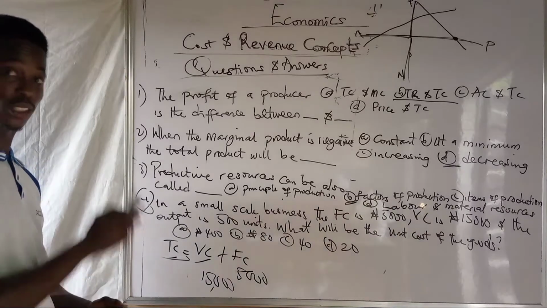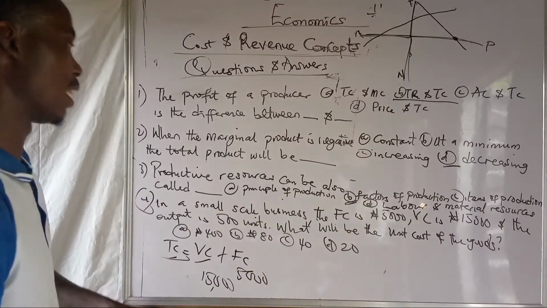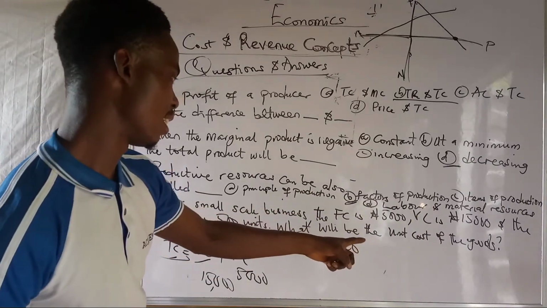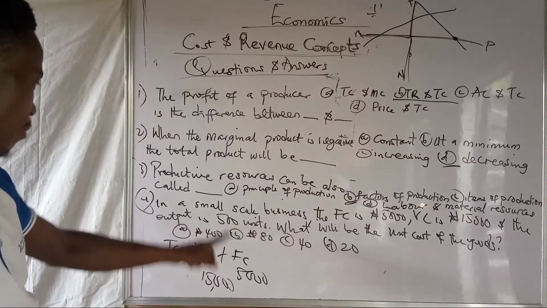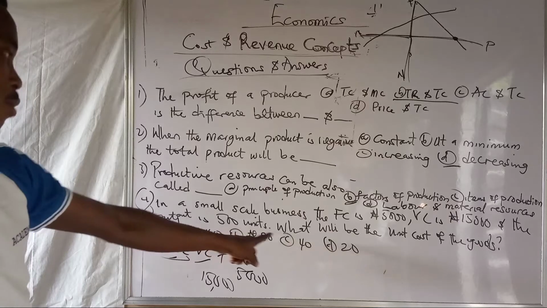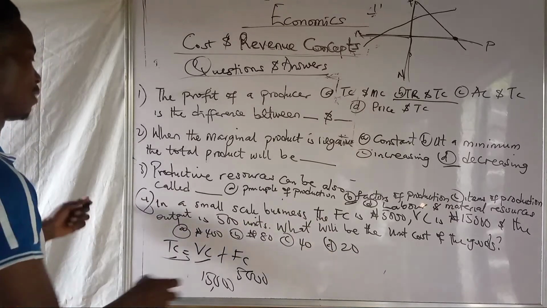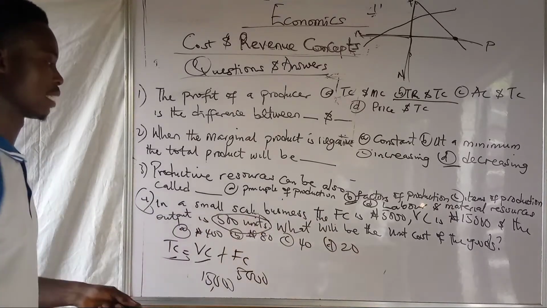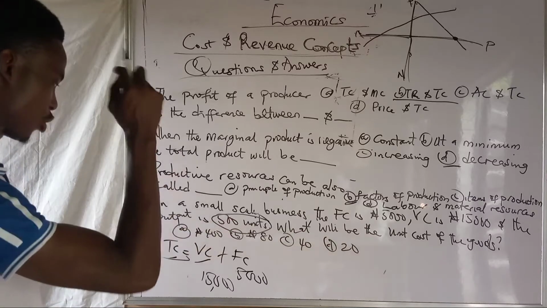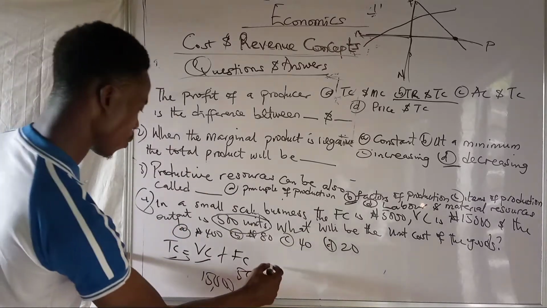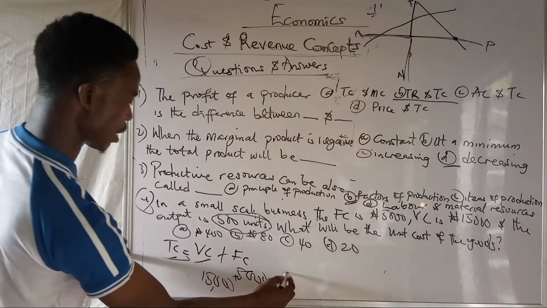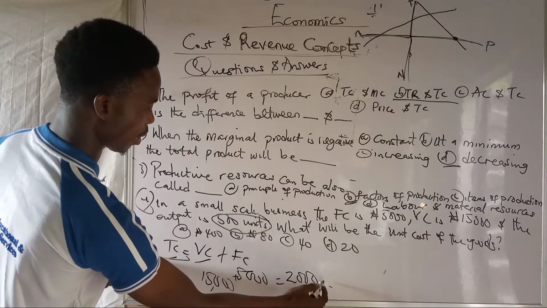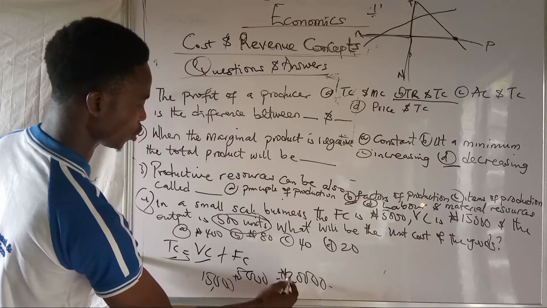He said the VC is 15,000, right? And the output is 500 units, right? So what will be the unit cost? We must now know the sum of this. This plus this is 20,000, right? So that means the total cost is 20,000.